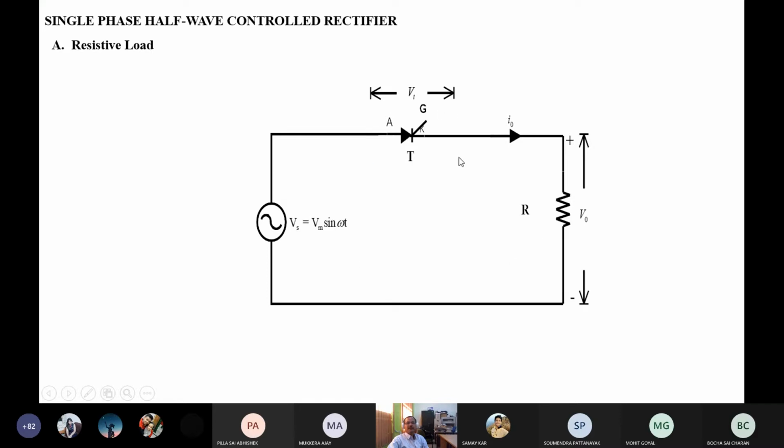So at some point during the positive half cycle of the supply voltage, the thyristor is forward biased, and if we apply a gate pulse, gate to cathode, a positive gate pulse, then it starts conducting.